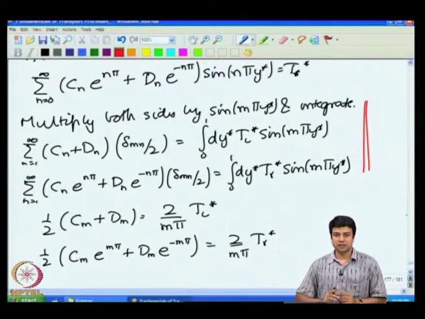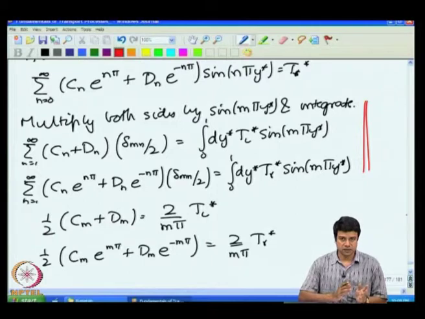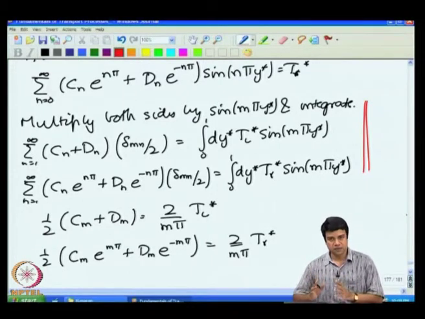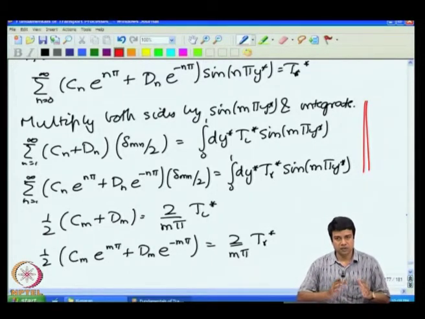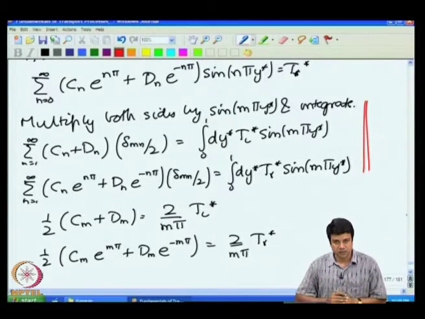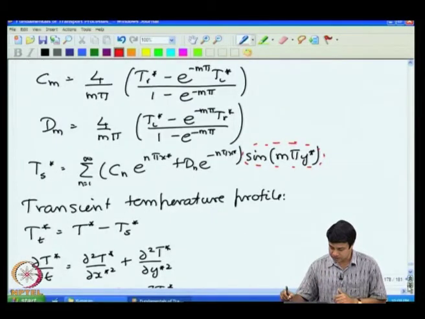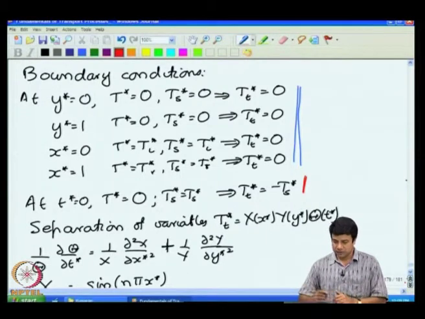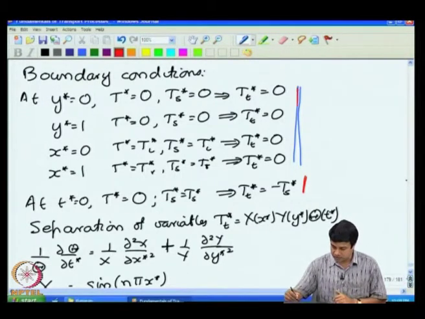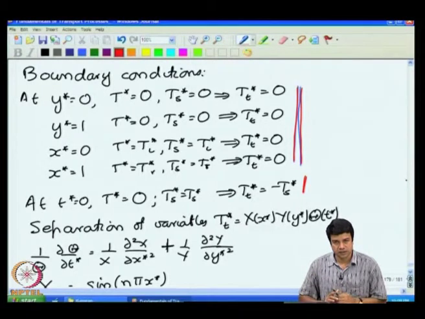In order to get the transient solution, you subtract out the steady solution from the total solution. When you subtract out the steady solution from the total solution, for the transient problem, the boundary conditions are homogeneous in all directions that we saw in the last class. For the transient temperature field, the boundary conditions are actually homogeneous in all directions. Therefore, you get sine and cosine functions in all directions.